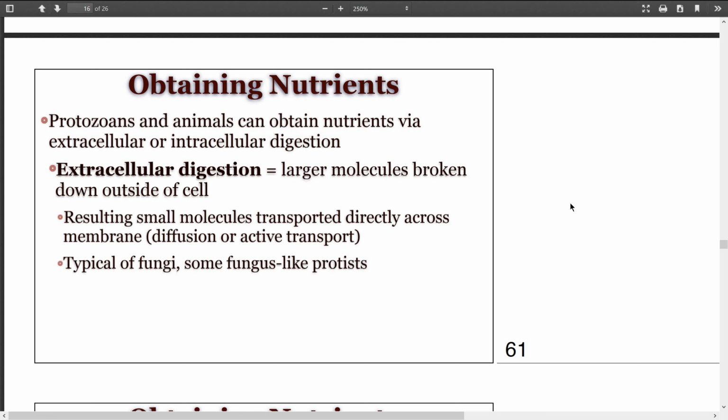This kind of extracellular digestion is typical of fungi and fungus-like protists that grow in their food. They secrete digestive enzymes into the external environment, and then they absorb many of the nutrients that are released as a result of that. We humans basically also rely primarily on extracellular digestion. We break down our food in our guts before it actually passes through any plasma membrane.